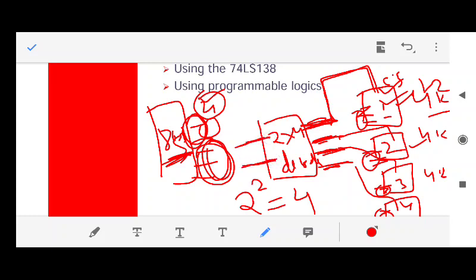For example, if you give 0 0, the first line will be selected. That means this chip will be selected. If you give 0 1, the second line will be selected. If you give 1 0, that means the third chip will be selected. And if you give input as 1 1, that means the 4th chip will be selected.